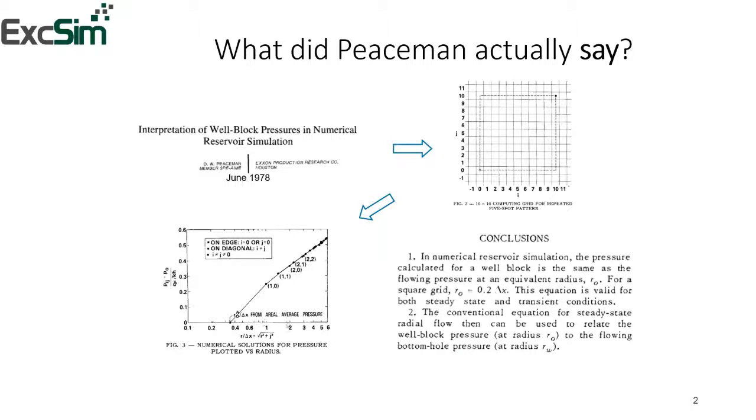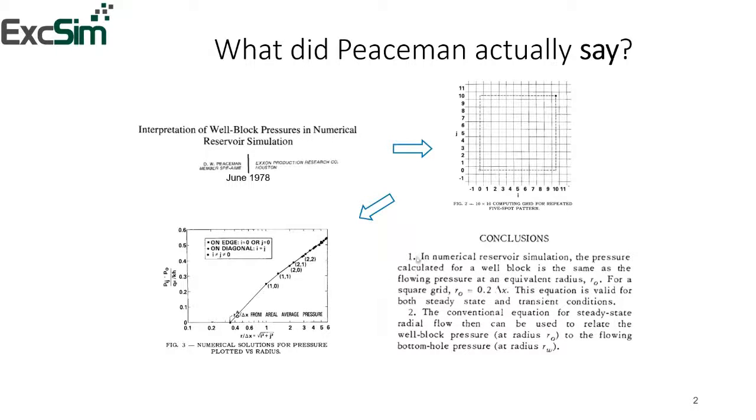You can calculate what the radius would be for the well block. It's about 0.346, I think. And it doesn't fall on the same linear trend as it should.